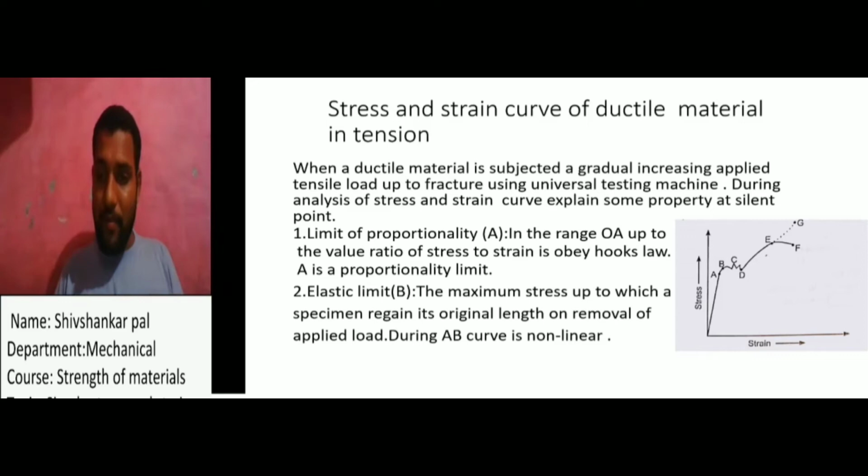After point D, plastic deformation occurs. Before it, the deformation is elastic: the length increases with the applied load, but when the load is removed, it regains its shape. After point D it does not regain its shape; the deformation is permanent, meaning plastic deformation occurs after point D. That point is known as the lower yielding point.